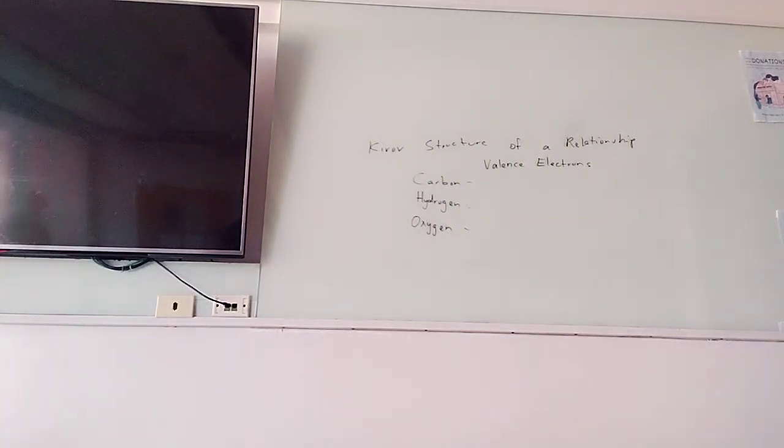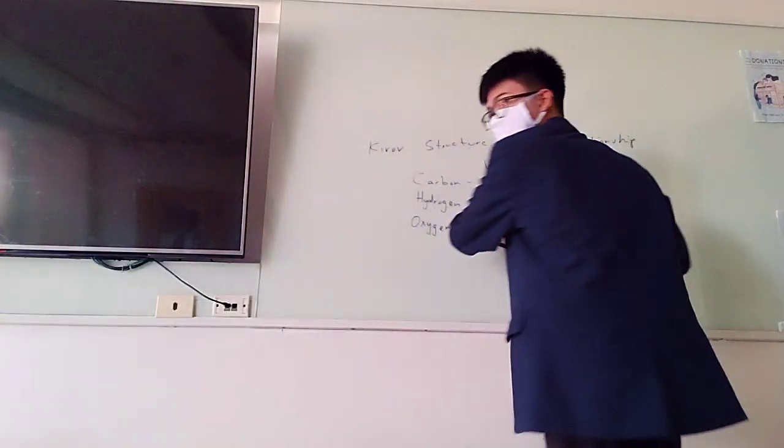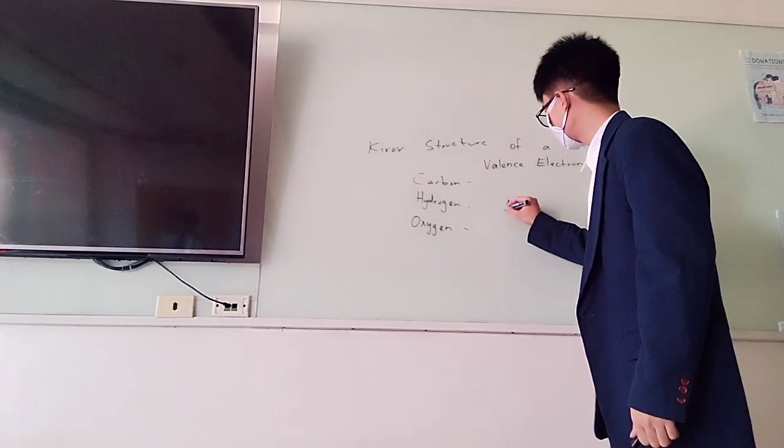So, how many valence electrons does a carbon have? So we know that the valence electrons of a hydrogen is 1.